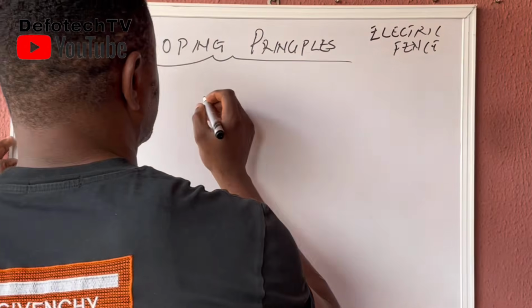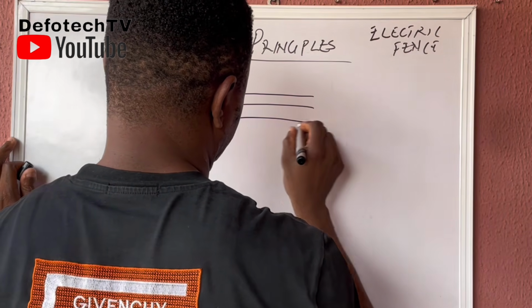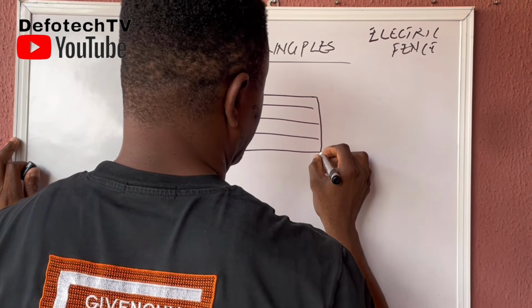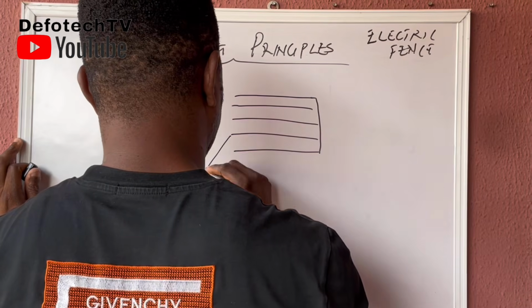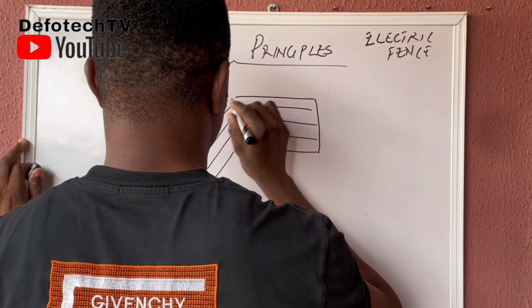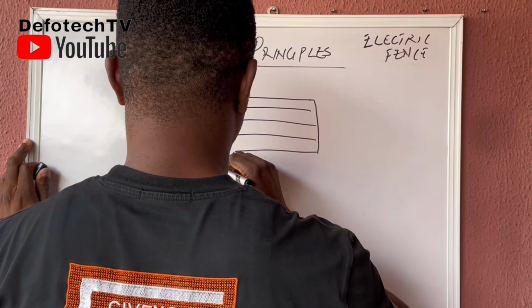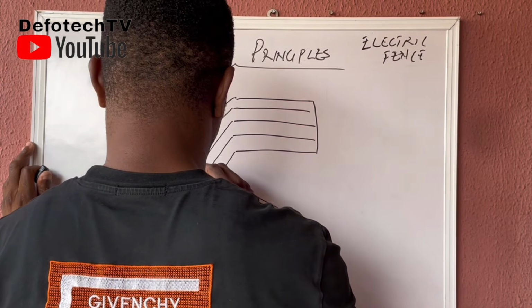All right, the fence was like this. Let's assume this is the fence. Let's assume we have an end here. Do we see four sides?